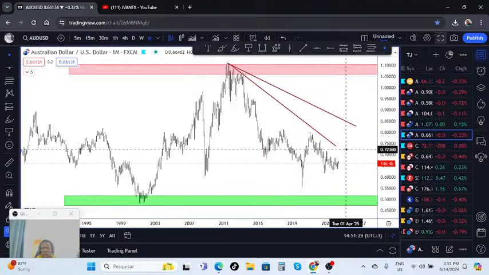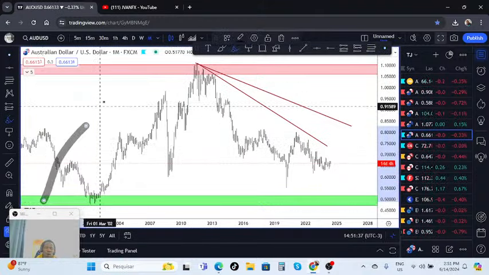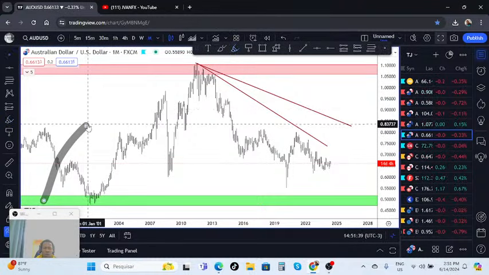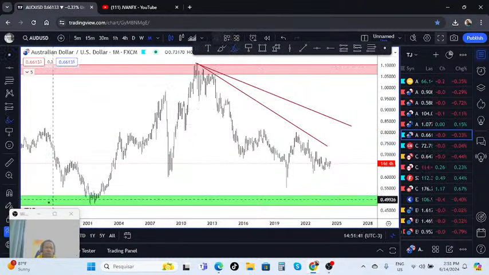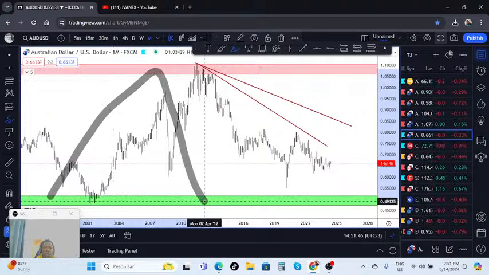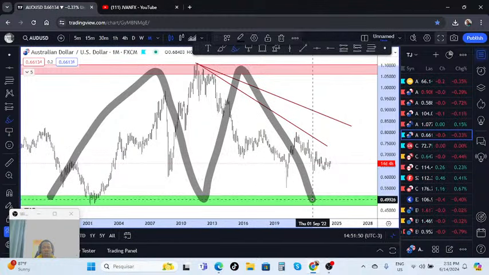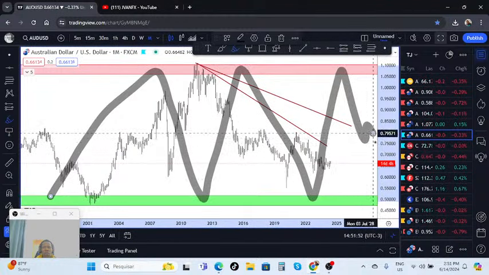On the higher time frame, such as the monthly, we have the bigger consolidation, where price moves from support to resistance, from resistance to support, and it goes on and on like that.